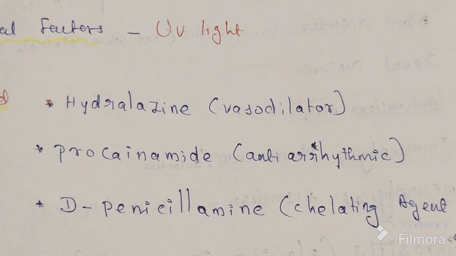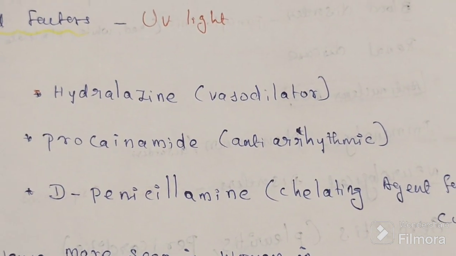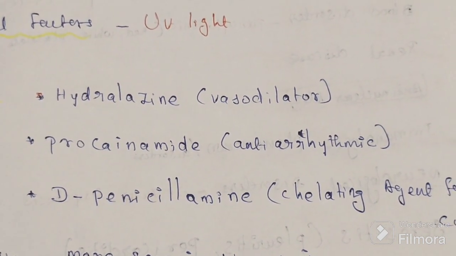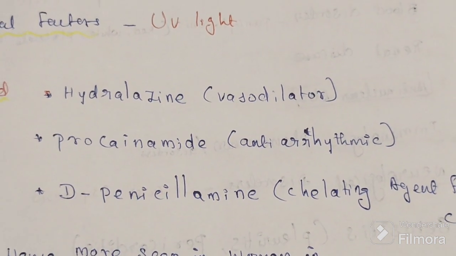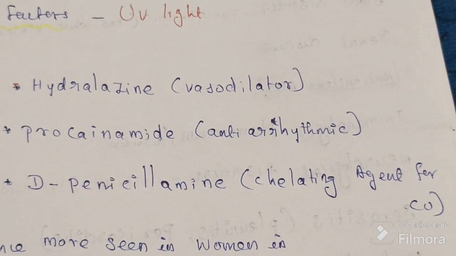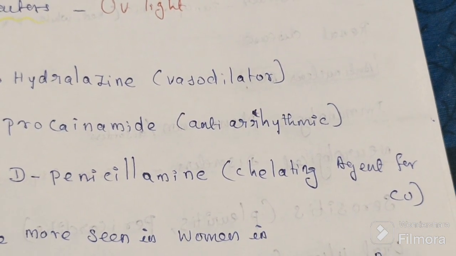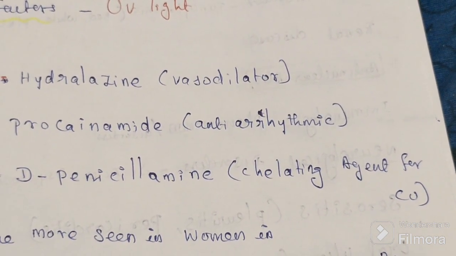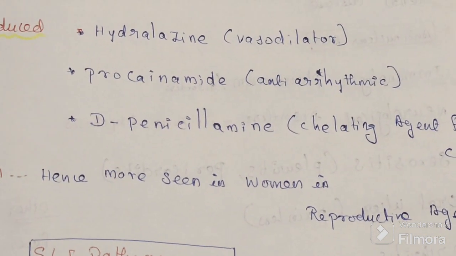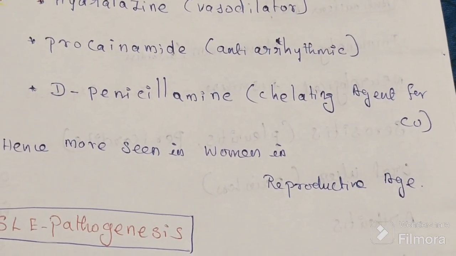Then procainamide, which is used as an antiarrhythmic. Then D-penicillamine, a chelating agent for copper. So it is a chelating agent of copper.